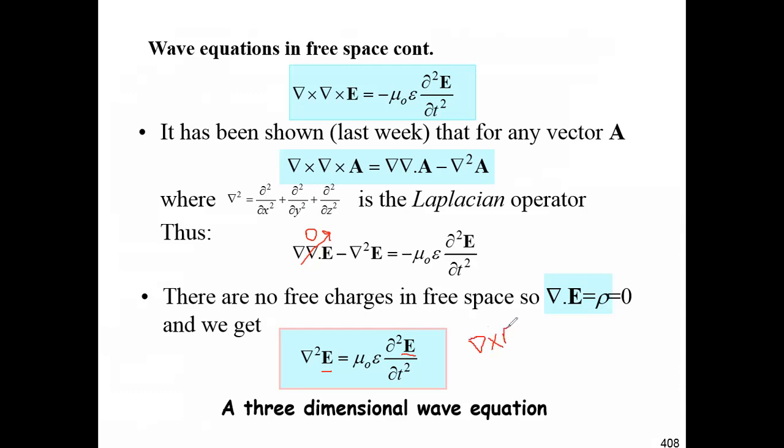In the previous slide, del cross E is equal to minus mu naught times del H upon del T, and the other equation was del cross H is equal to J plus epsilon times del E upon del T. Here you see, they were not decoupled, means one was carrying E and H, another was also carrying H and E. So such equations are called coupled equations.